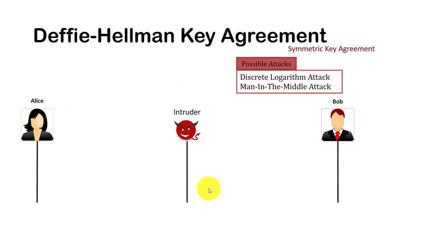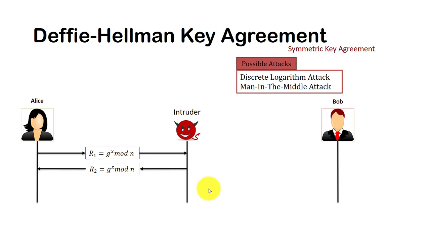And here the intruder can jump in between and intercept the first value from Alice, that is R1, which is g to the power x mod n. What it does now is calculate the value g to the power z mod n, because the intruder is not supposed to know the value y, because y is secret to Bob. Therefore, the intruder will send a value R2, that is g to the power z mod n.